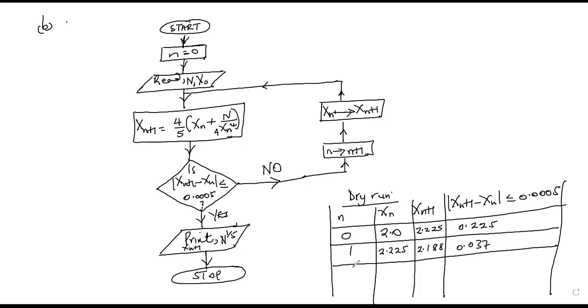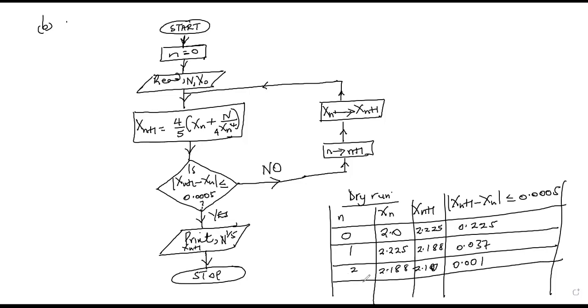So you perform another iteration where you'll have this one now as your value of xn. So we shall have 2.188. And when you substitute this into this formula, you'll have 2.187. And when you take the difference, you're going to have 0.001, which is still greater than 0.0005.